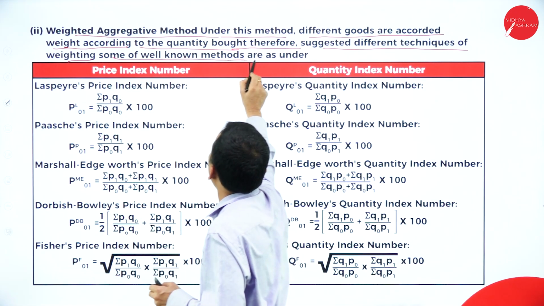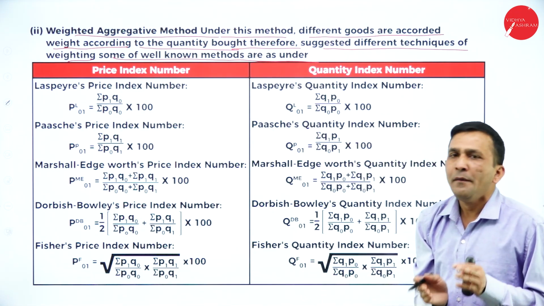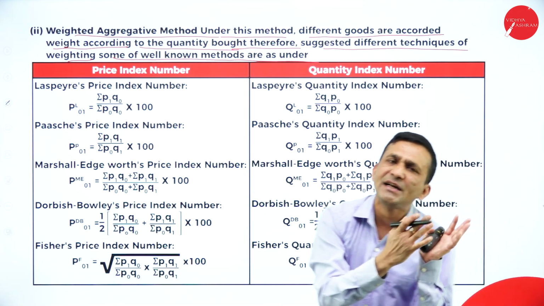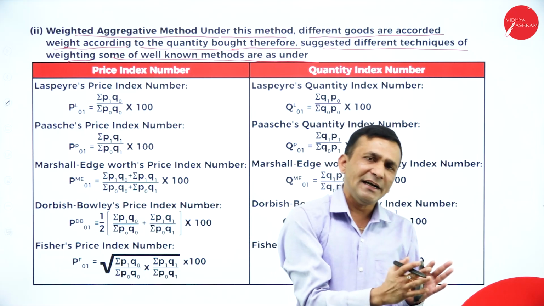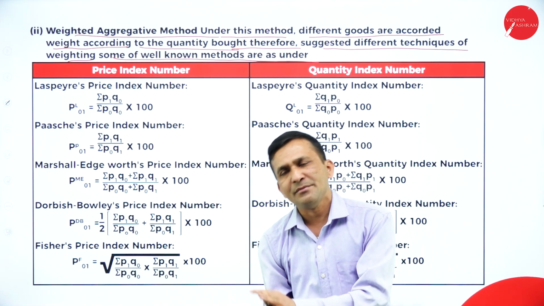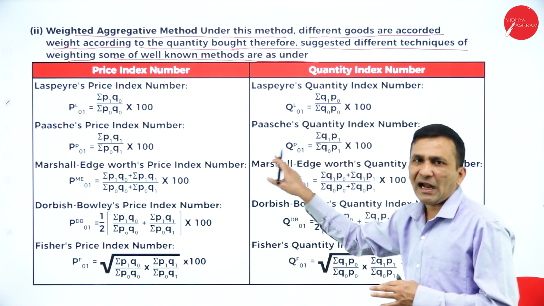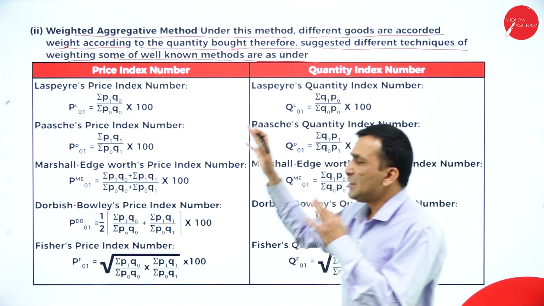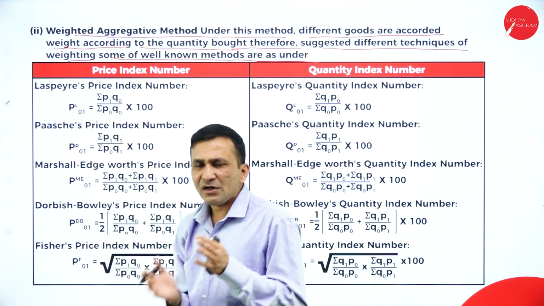Some of the well-known weighted methods are as follows, because I have clearly specified there is an index number which is related to price index number and quantity index number, even the volume index number. So here we majorly depend on the price index number and quantity index number.